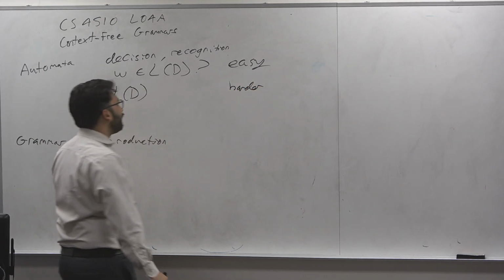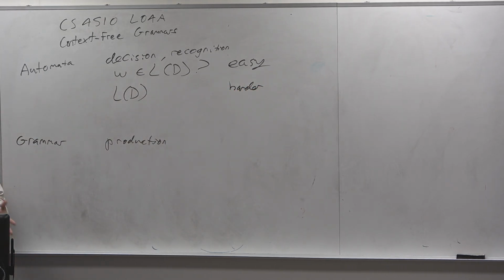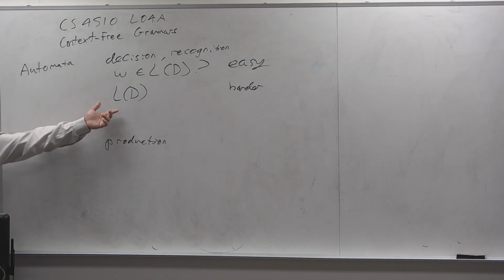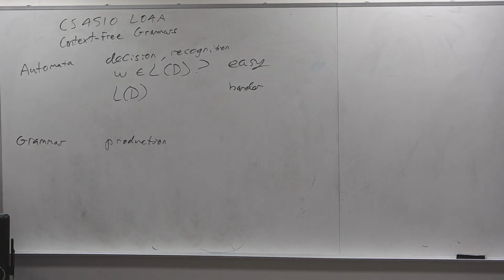Not necessarily hard, but what are all the accepted strings? Again, the language of an automaton is the set of strings that it accepts and none of the strings it rejects. So you can determine easily if one string accepts, but how do you characterize or define all possible strings that would bring it to an accepting state? That can sometimes be a little more difficult.